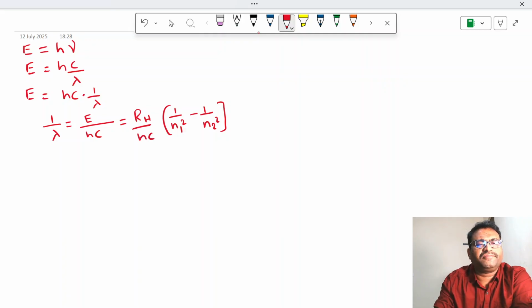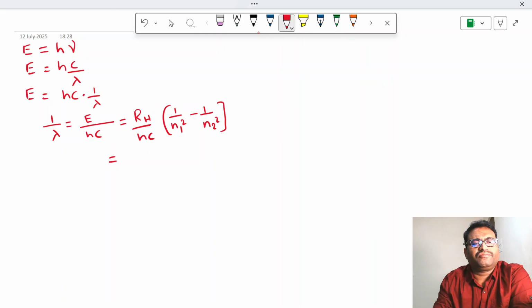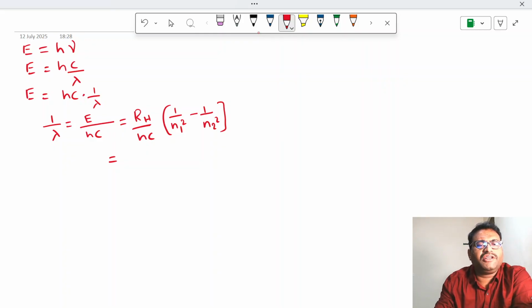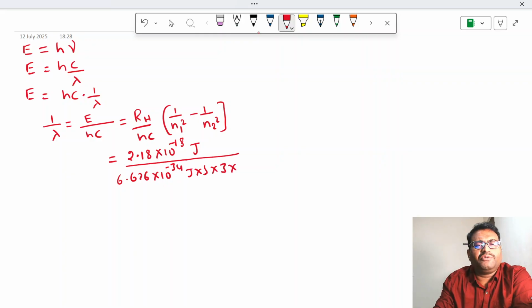Using the RH value, 2.18 into 10 power minus 18 joule per atom, by h, 6.626 into 10 power minus 34 joule second, into 3 into 10 power 8 meters per second, into 1 by N1 square minus 1 by N2 square.